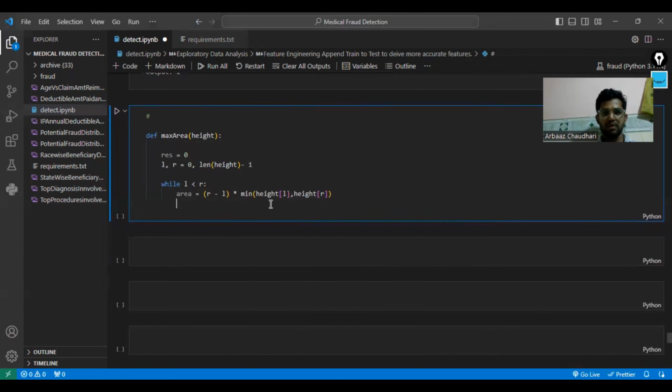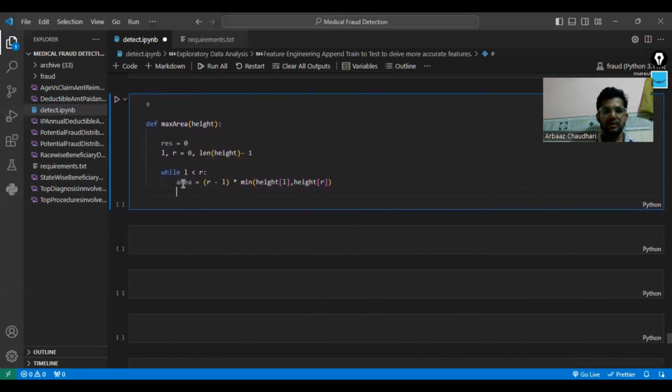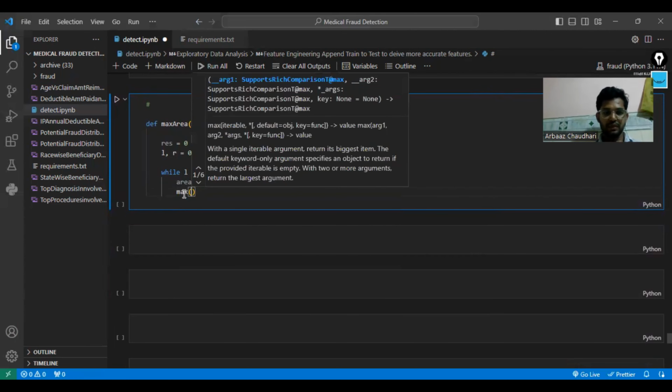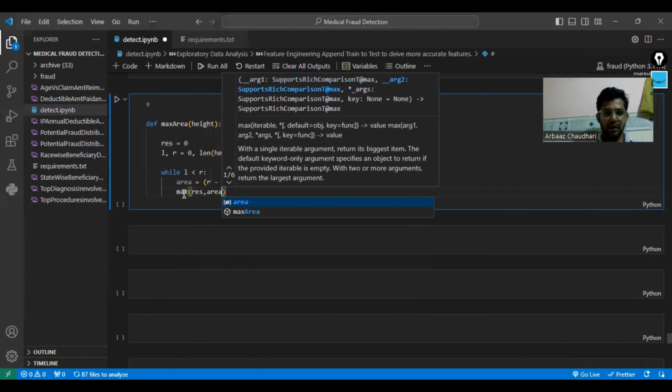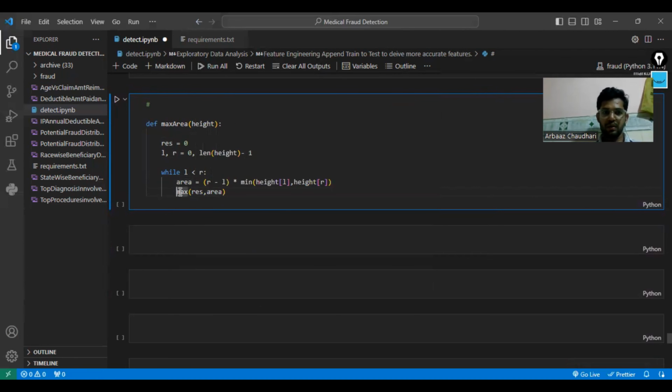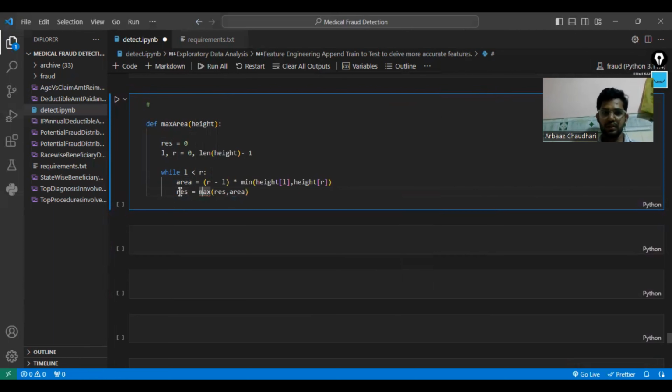From here we will find the area, and we have to take the maximum of it. So result equals the max of result and area, and we will be storing it in result.